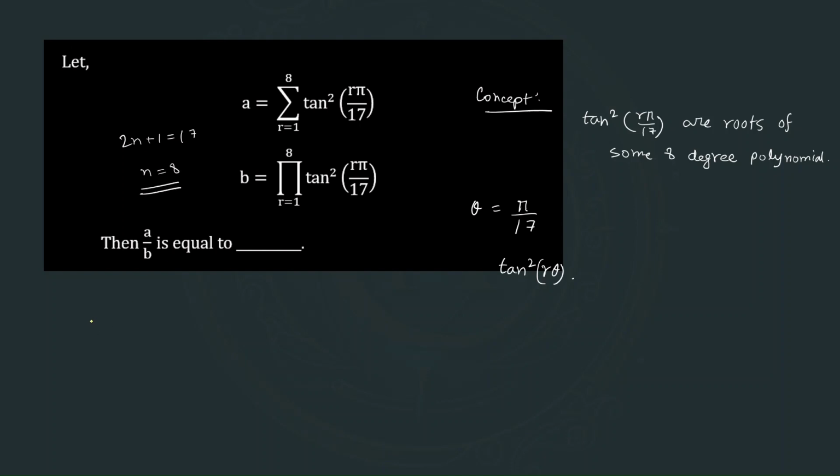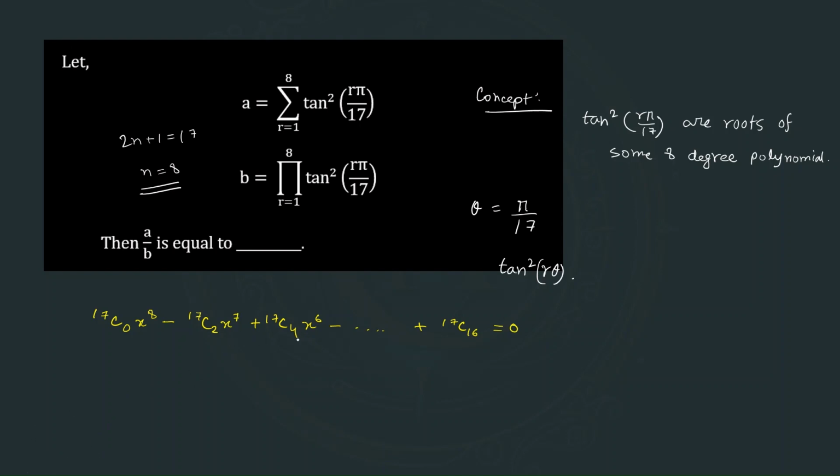So now we can write the equation as 17C0 x to the power 8 minus 17C2 x to the power 7 plus 17C4 x to the power 6, minus so on up to minus 1 whole to the power 8, plus 17C16 equal to 0.